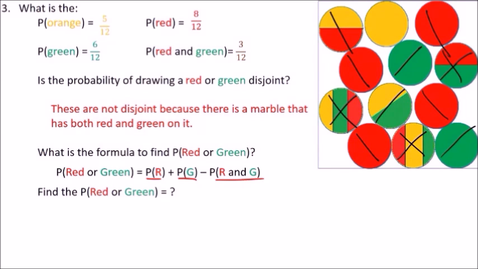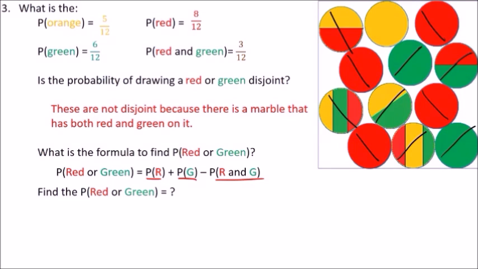The problem is when I add those up, I've now added in these 3 twice. So that subtraction of the probability of red and green is telling you, that's fine, you've added them in twice, just go back and subtract them off one time. And so now you've only counted each one of those marbles one time.